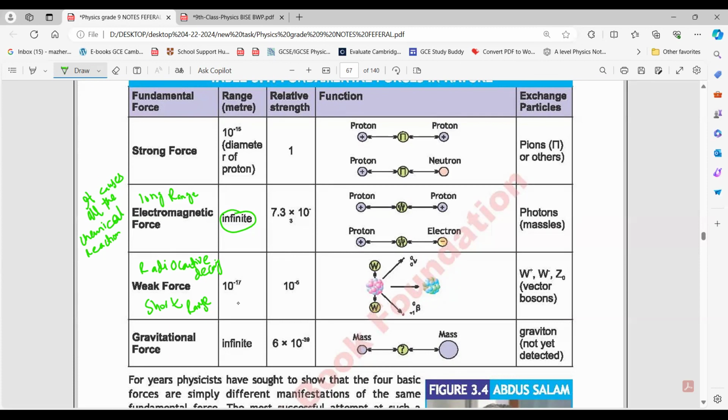Strong nuclear force, we have, is a repulsive force. Also keep this in mind. This is normally a repulsive force. And the rest we already have discussed.